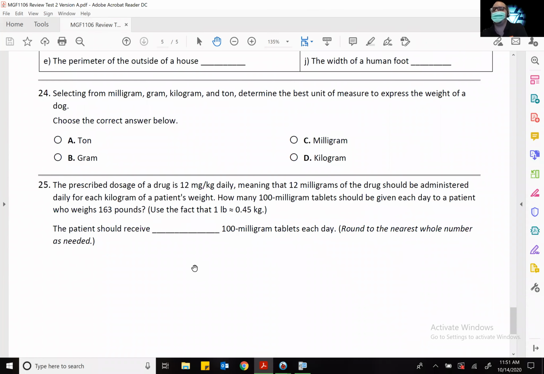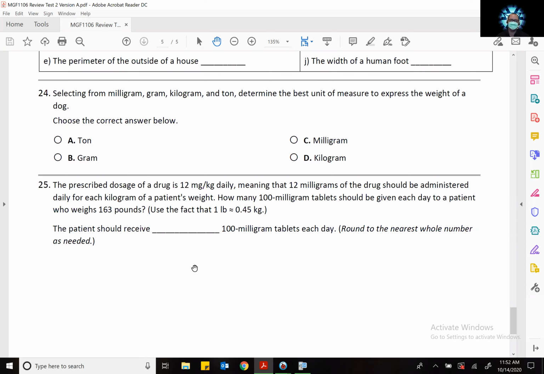All right, number 25. This is it, last one. So in this one, you got to be careful because there's a couple things that you got to do. You got to jump through a couple hoops, okay? So it said the prescribed dosage of a drug is 12 milligrams per kilogram daily, meaning that 12 milligrams of the drug should be administered daily for each kilogram of a patient's weight.